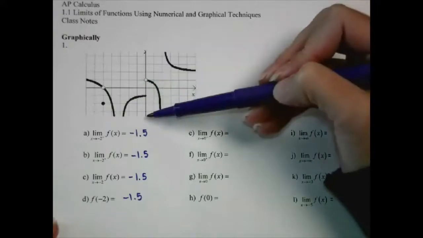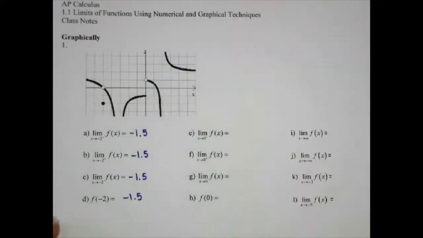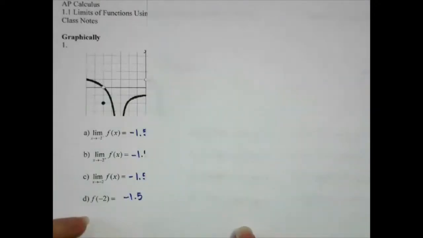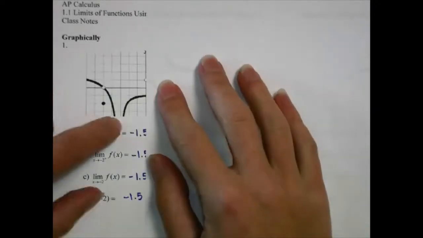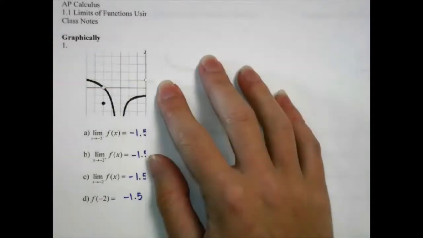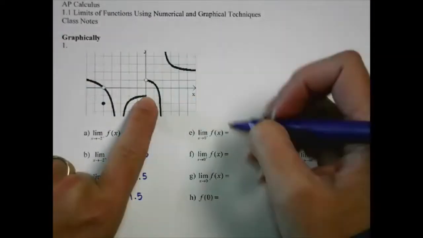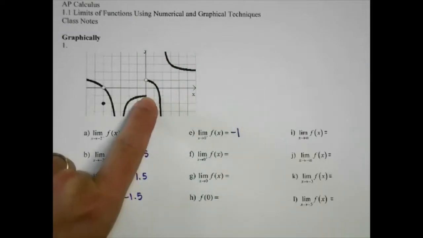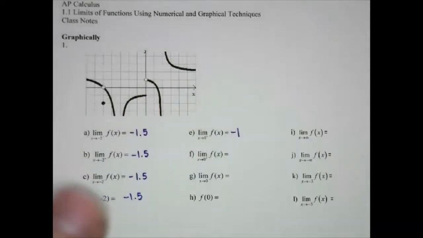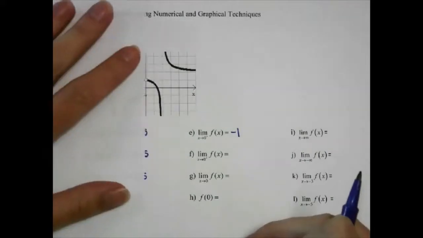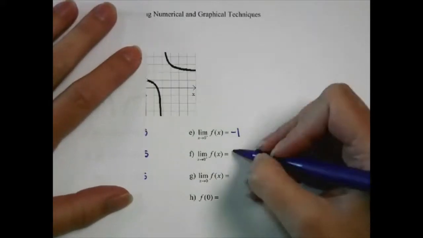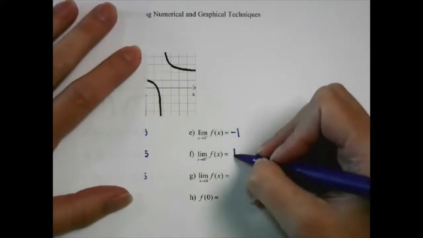We're looking at 0, approaching it from the negative side, which means we don't really care what's happening on this side of the graph. I only care about as I approach 0 from this negative side. Well, that's approaching -1. If I'm looking at it from the positive side, then we're approaching +1.